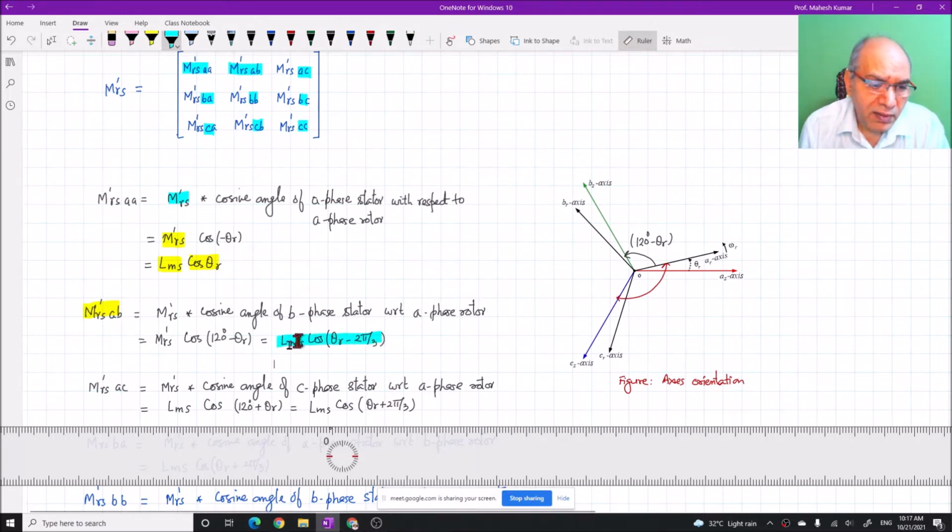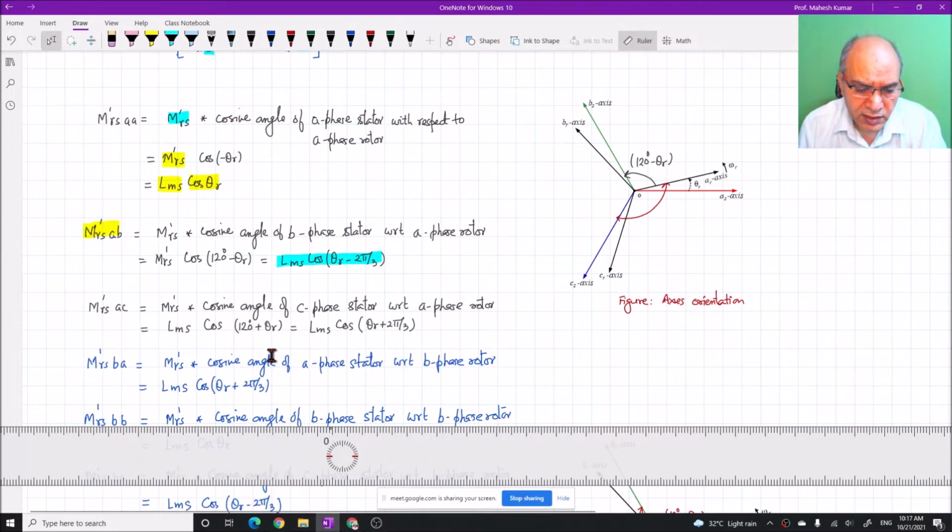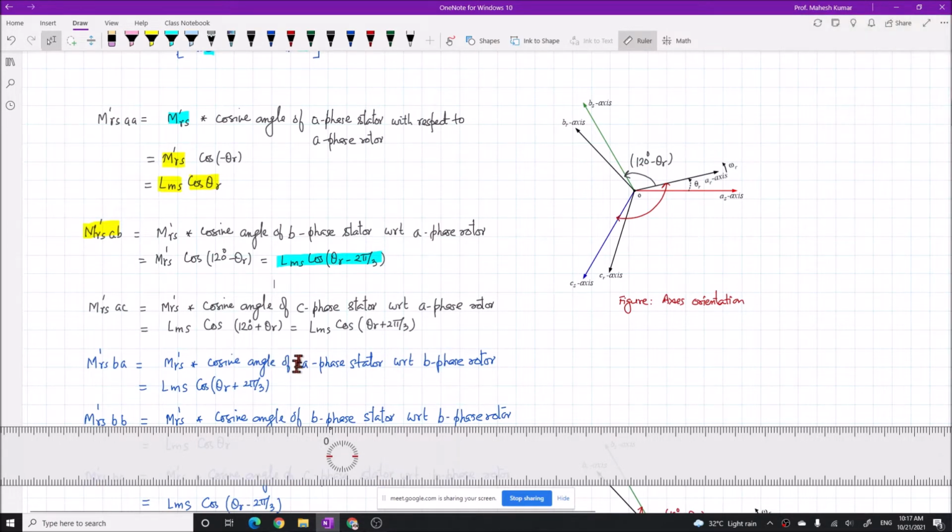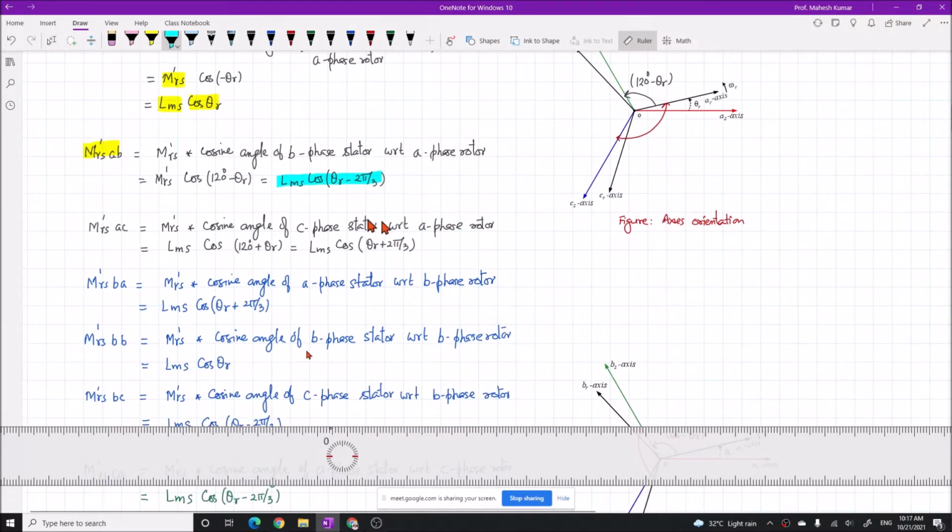Similarly, MRS dash AC becomes the angle between the C phase stator and the A phase rotor. So A to A, A to B, A to C. Now A to C is this one. The angle between the C phase stator and the A phase rotor is theta r plus 2 pi by 3, that you can see from the diagram, and it becomes cos theta r plus 2 pi by 3.